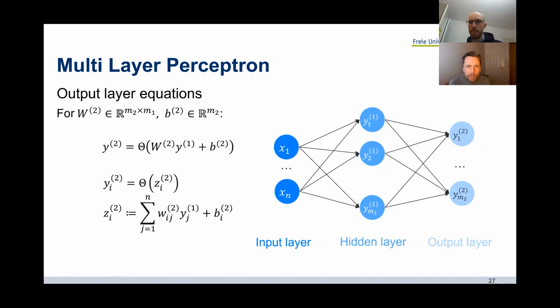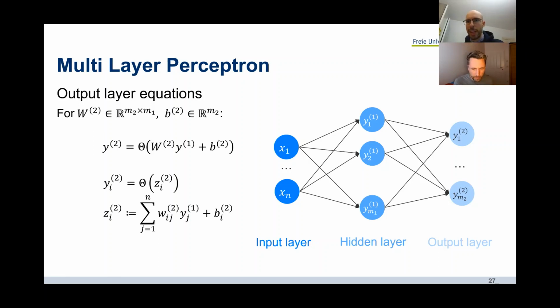The biases, Luis, they don't show up in your diagram here. But they usually show up, and I think you did that on one of the previous slides, as additional connection weights of an input that is 1. Exactly.